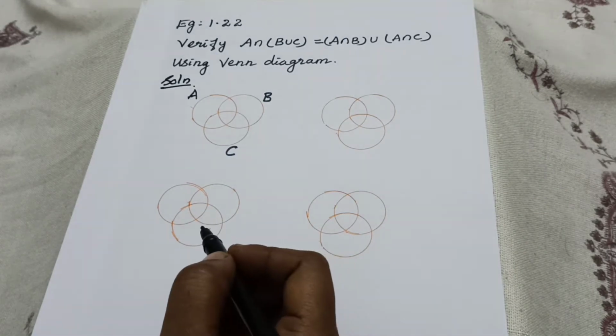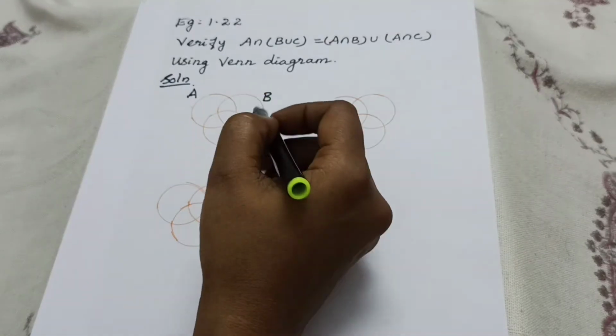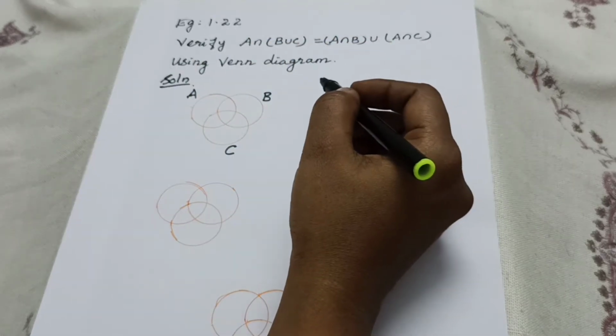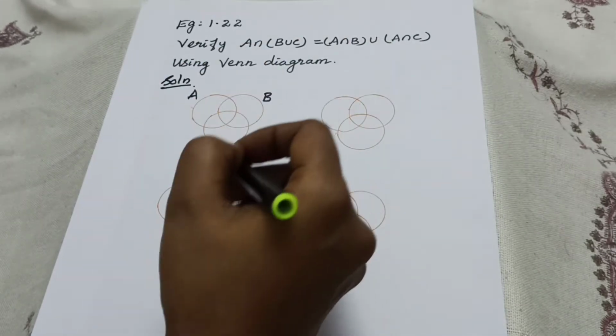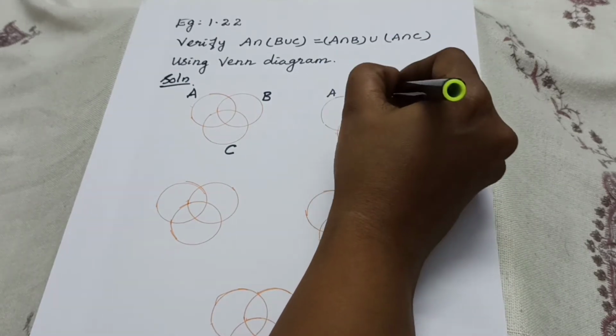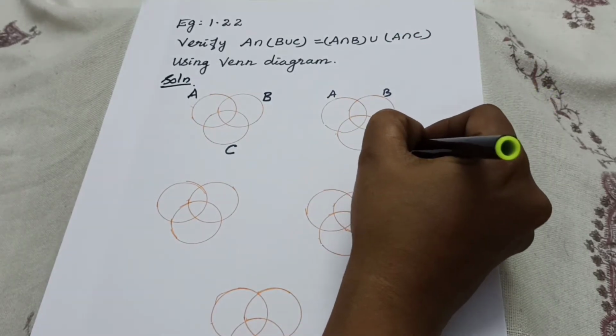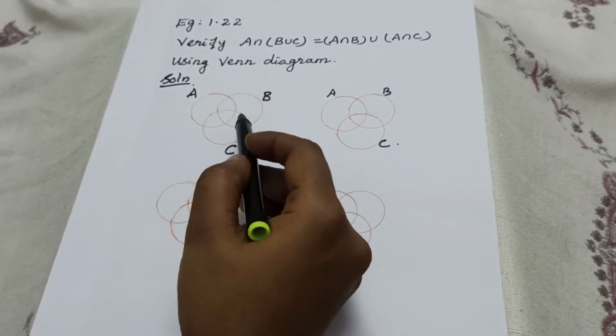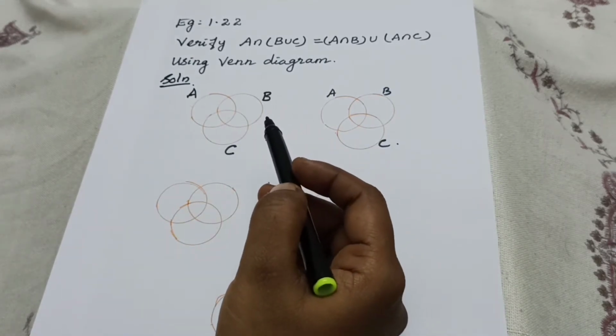Have you understood? If you do not write A, B, C, you won't get marks. So be careful, and you must write this A, B, C. Here also A, B, C. Then 3 sets: this is A set, B set, then C set. Have you understood?